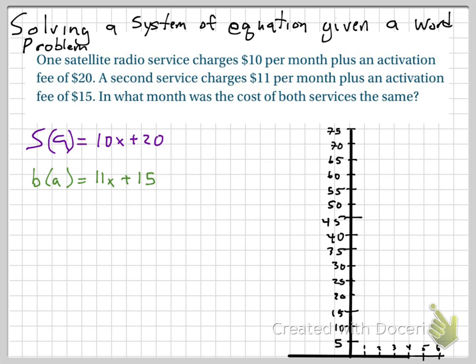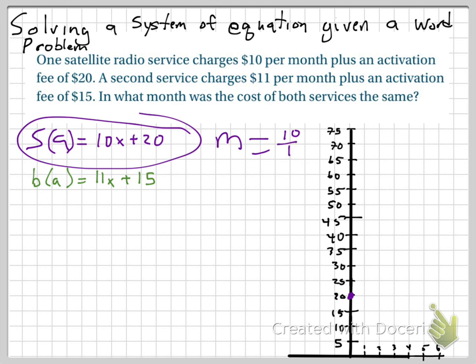Alright, so let's go ahead and draw our first one here in purple. We see that our y-intercept is at 20, so we're going to hit the 20 there. And we're going to go up 10 and over 1, because for this one our slope is equal to 10 over 1.